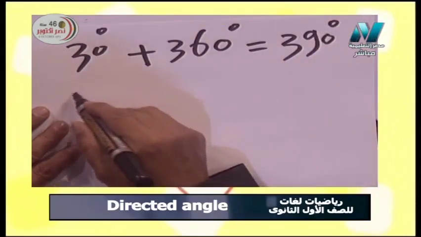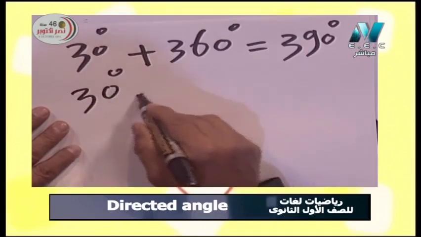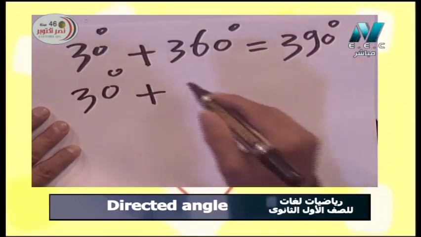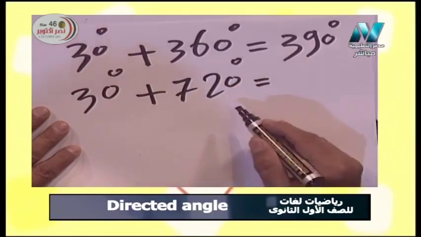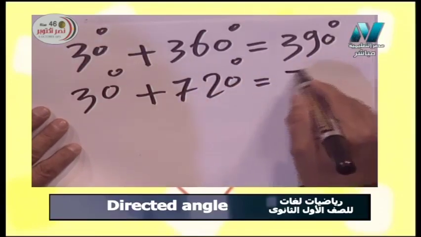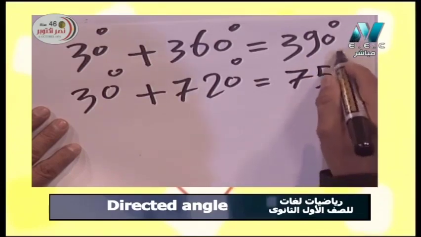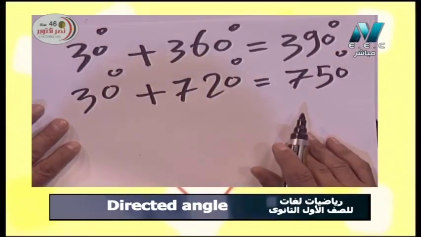And if we want to add 2 rounds, that is 720, the answer will be 750 degrees, and so on.